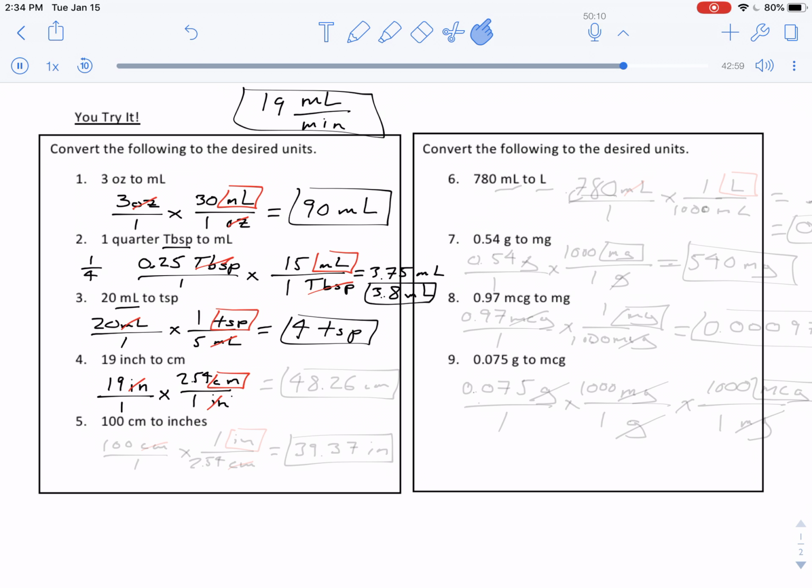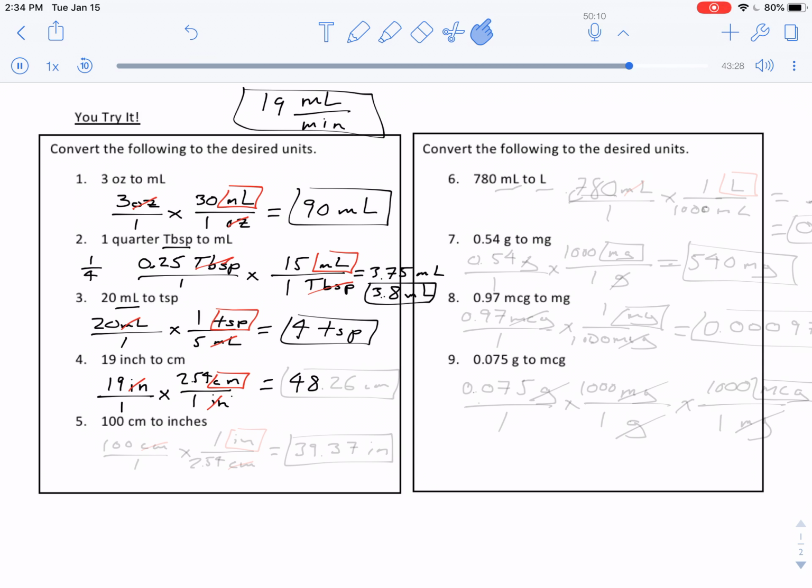We'll be left with centimeters if I just multiply the 19 times 2.54, and that'll equal 48.26, which I need to round to 1 decimal place because inches is 1.